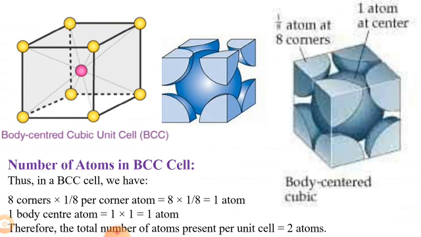So, 8 corners into 1/8 is equal to 1 atom, and 1 body center atom, that is 1. So 1 plus 1 is equal to 2. Therefore, the total number of atoms present per unit cell in BCC system is 2 atoms.